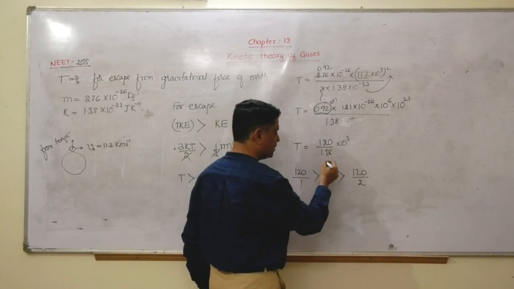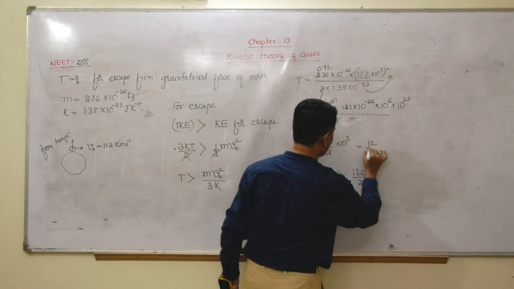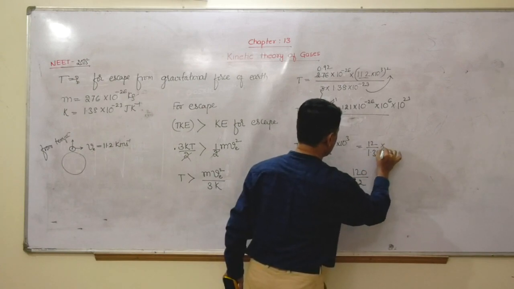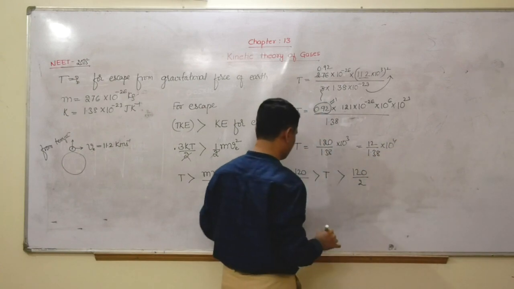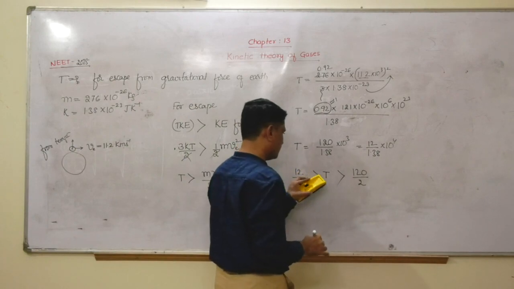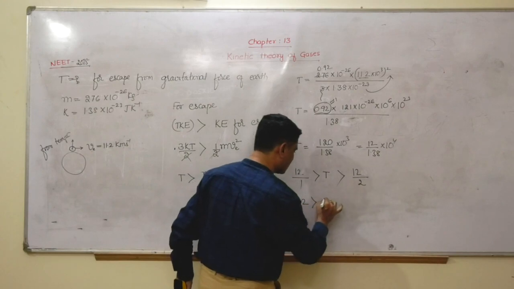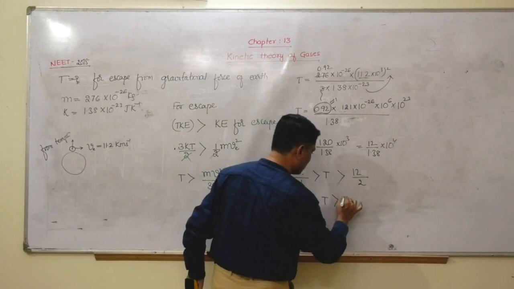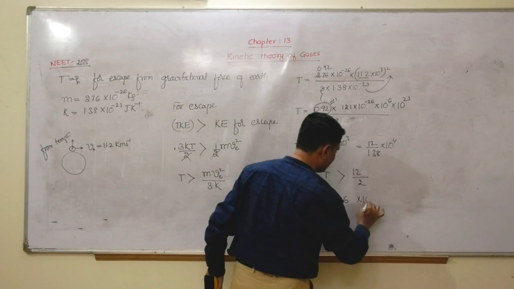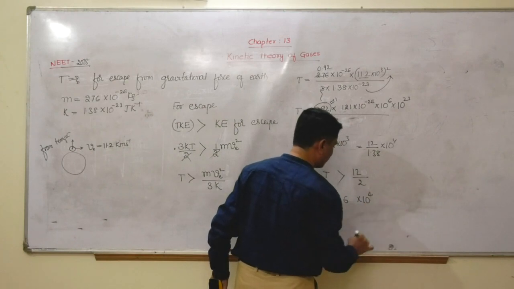So if I take 10 to the power 4, it will be 12 by 1.38 into 10 to the power 4. You can take it is 12. So the temperature is less than 12 but greater than 6 into 10 to the power 4.